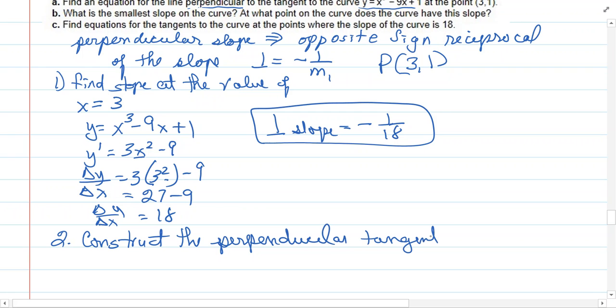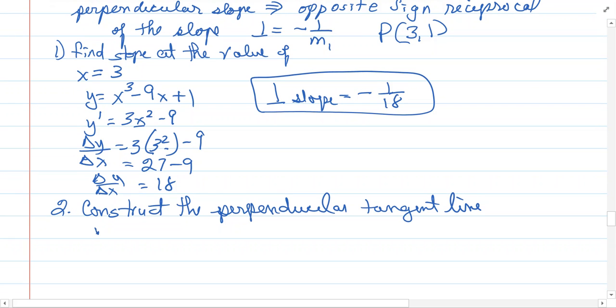Good job. All right. So we know our point is 3, 1, and our perpendicular slope is a negative 1/18.